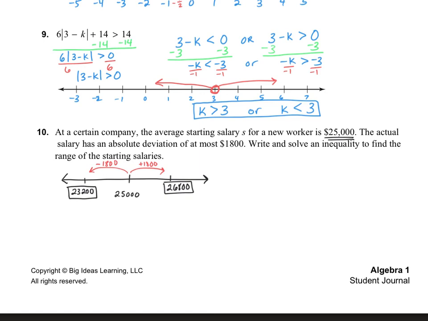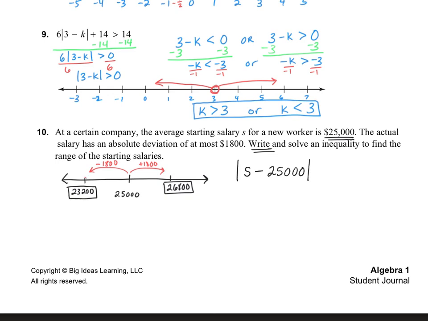So now we're ready to go ahead and write our inequality. So our inequality is going to be the absolute value of the salary minus the starting, the one in the middle, the average. So that's going to be 25,000. And then we want to take a look back at our picture here.